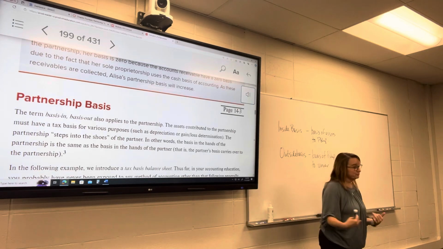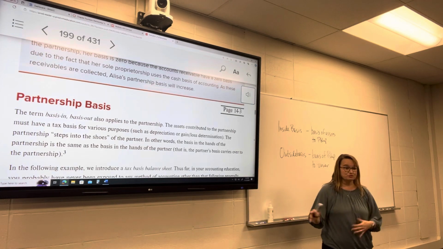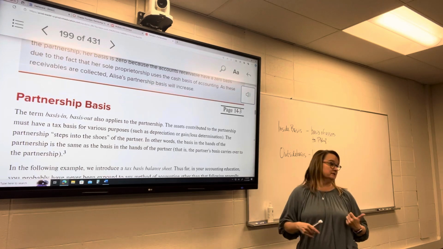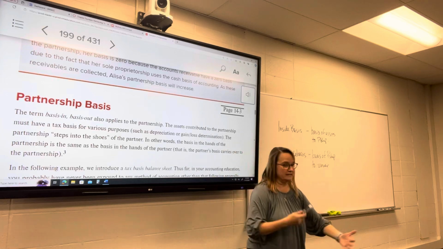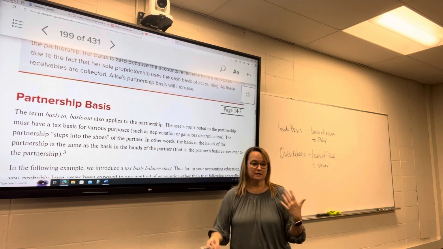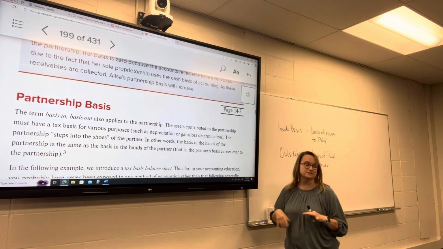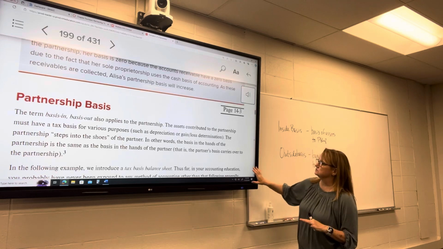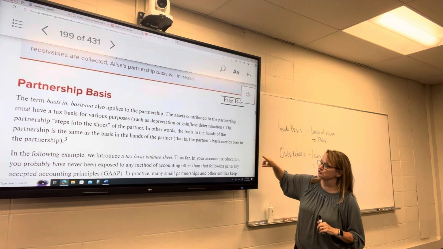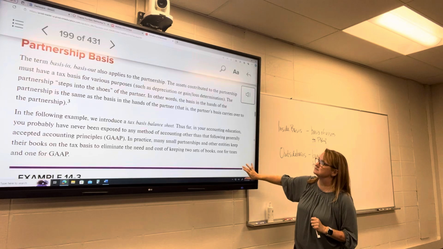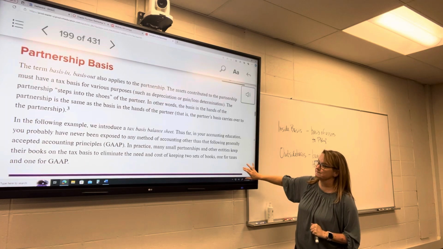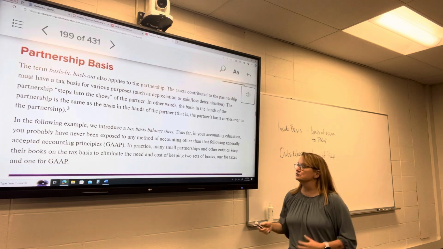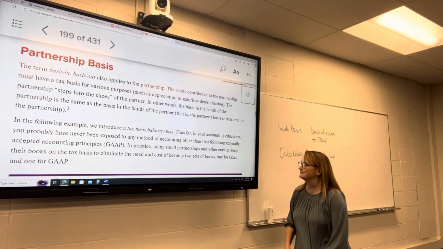So if I'm in year 3 of depreciating that truck, now the partnership is going to be in year 3 of depreciating that truck. So they're just going to pick up where I left off, right? It's as though nothing really changed. So the basis in the hands of the partnership is the same as the basis in the hands of the partner. So it carries forward. So they use this tax basis balance sheet.